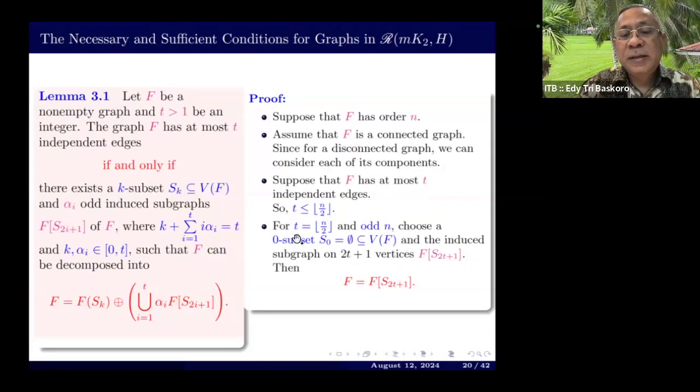If T equals the floor of half N and N is odd, then choose S_0 as an empty set.